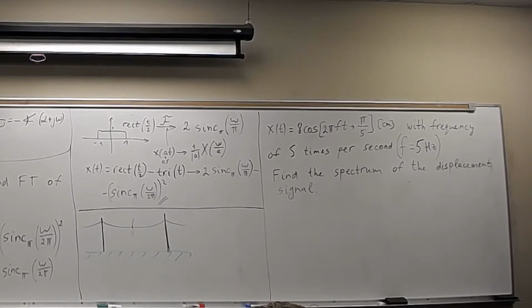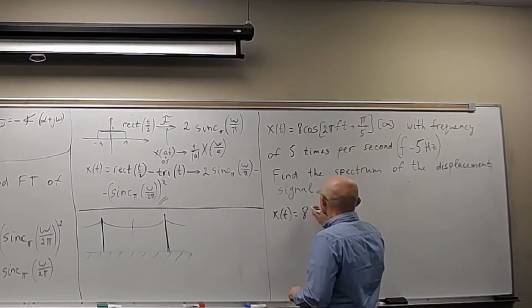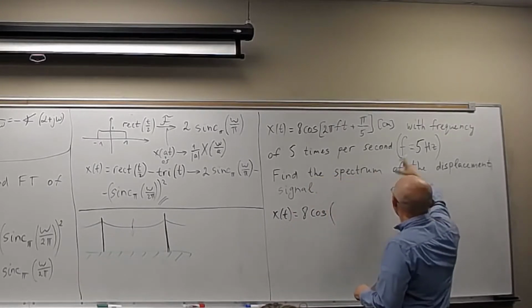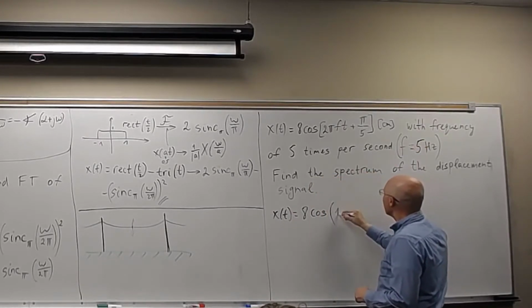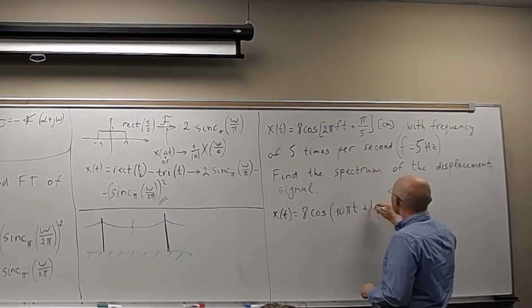First of all, you want to put f inside of that thing to make it a little bit simpler. So 10 pi. You'll have x of t equals 8 cosine of 2 pi 5 t, so it's 10 pi t plus pi over 5.